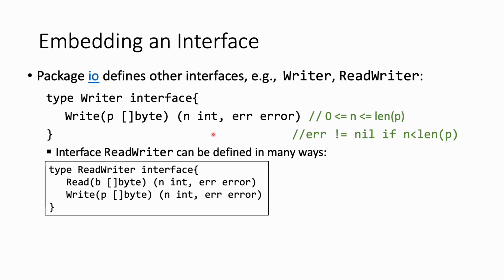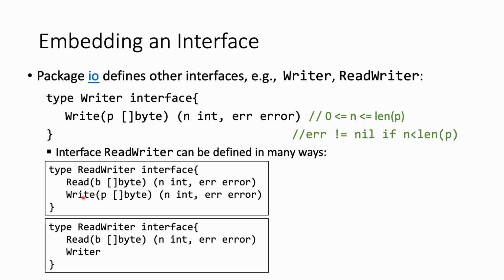The interface ReadWriter consists of both the method Read from the io.Reader interface and method Write from the io.Writer interface. But it can be defined in many other ways besides listing both method signatures directly. One way is to list the interface Writer instead of the Write method signature, or list the interface Reader instead of the Read method signature.